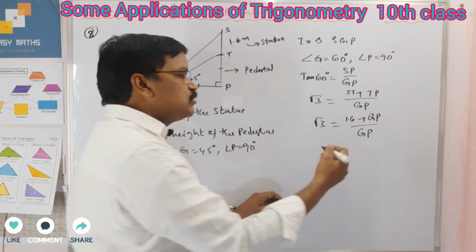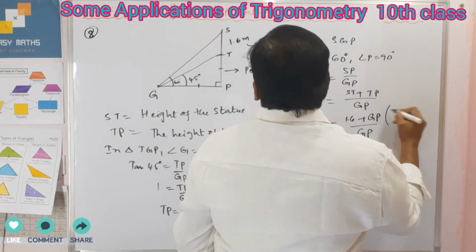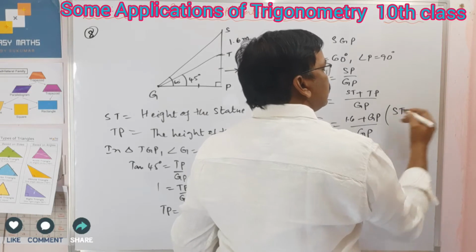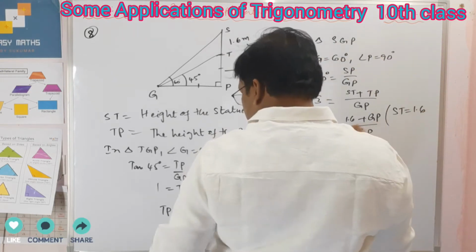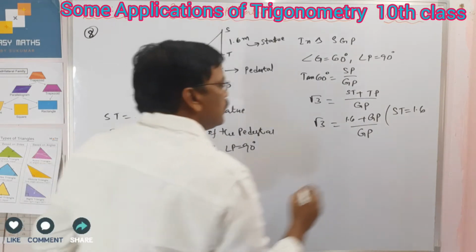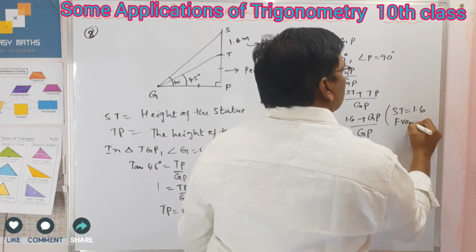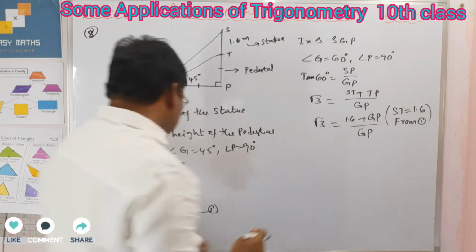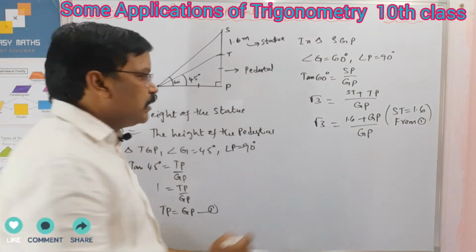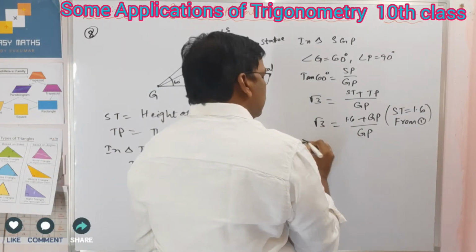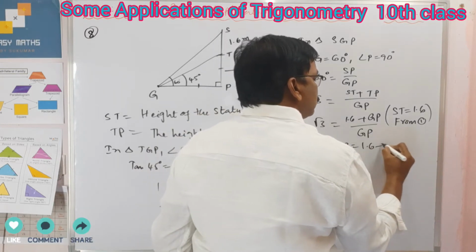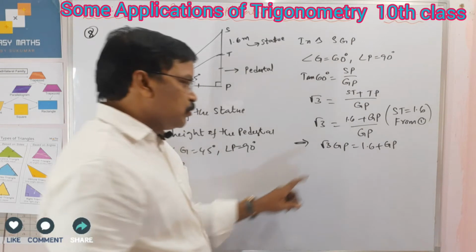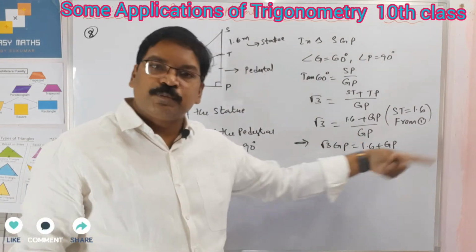So root 3 equals 1.6 plus GP by GP, using from equation 1 that TP and GP are equal. By cross multiplication, root 3 GP is equal to 1.6 plus GP.